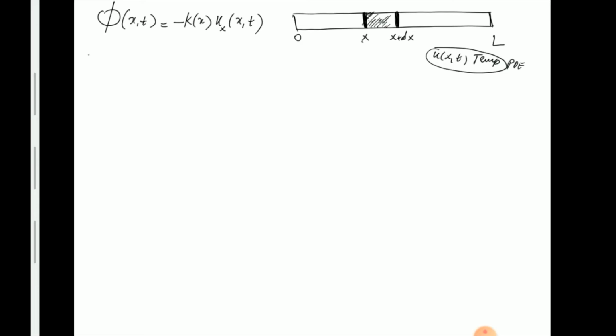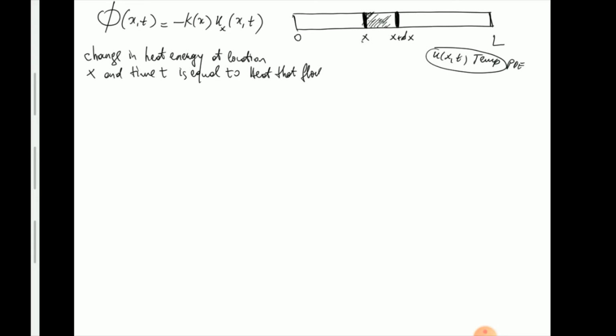At that location we can say that the change in heat energy, because the heat energy is proportional to the change in temperature, so the change in heat energy at location x and time t is equal to the heat that flows in minus heat that flows out.